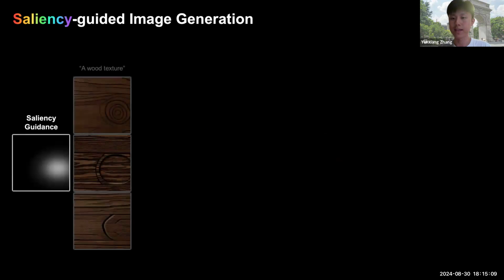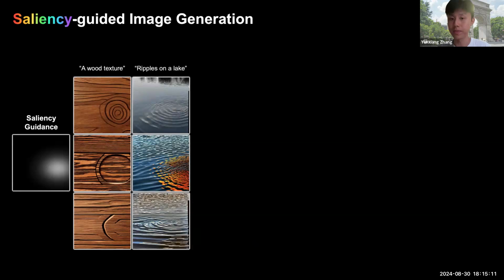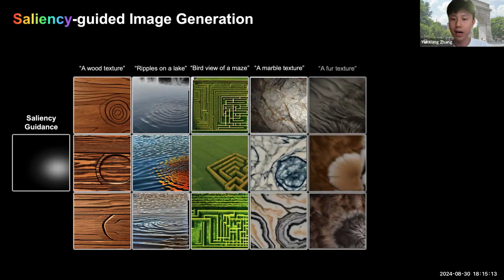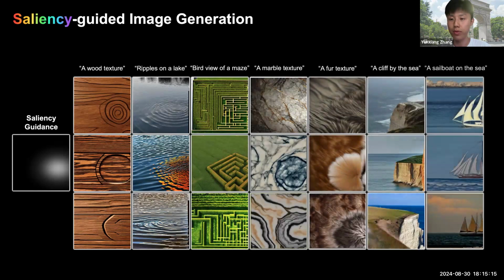Here are some examples of our saliency-guided generation. You can see if we couple the same simple saliency map with different text prompts, the model is capable of generating diverse images that exhibit roughly the same saliency distribution.